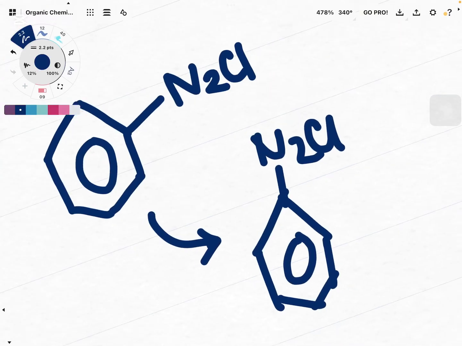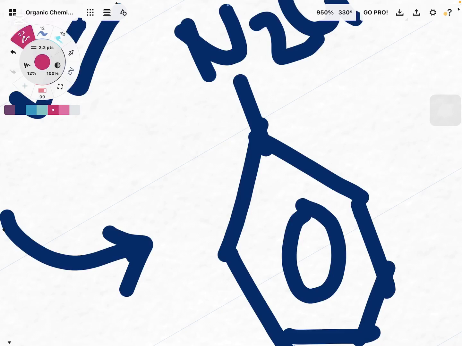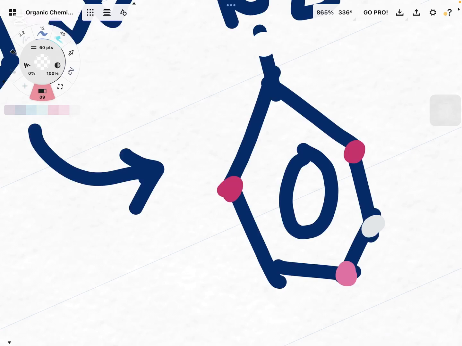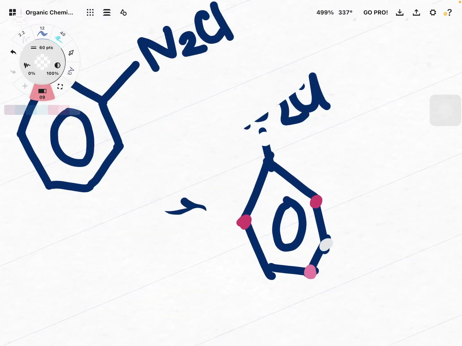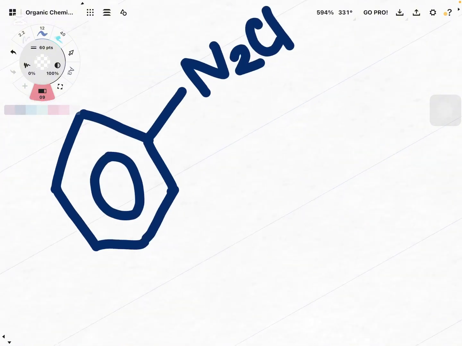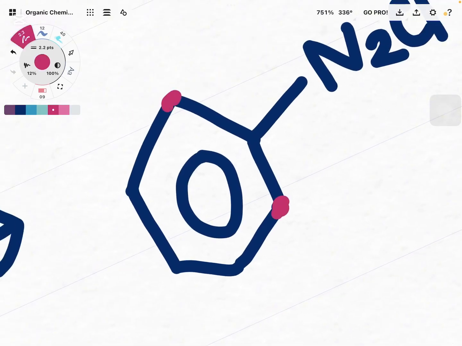Remember that you can also write it in another way, but I'm more comfortable with this one, so I'm writing it like this. Since I am writing it like this, my ortho positions will be these, the para position will be this, and the meta positions will be these.